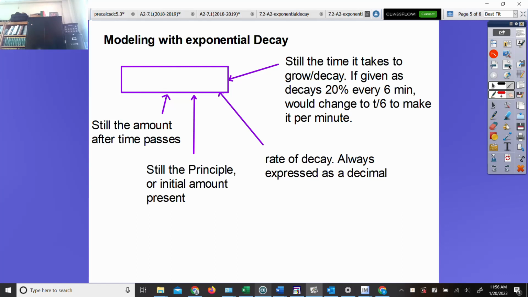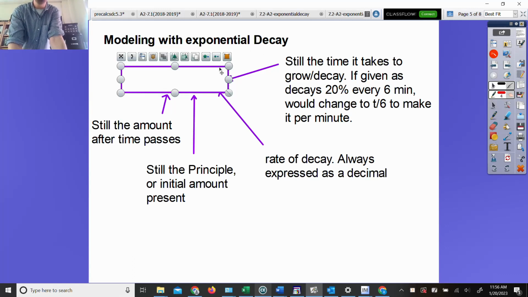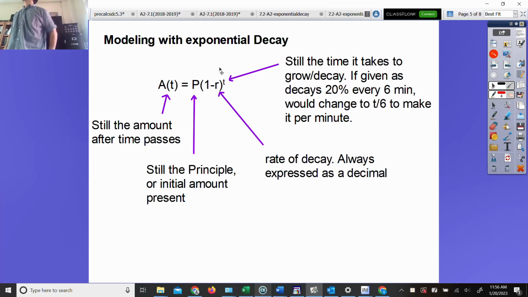This is modeling with exponential decay. The formula for growth was a sub t is the principal times 1 plus r to the t. Since it's decay, what do you think is different? Subtraction. The amount after time passes is the principal times 1 minus the rate of decay raised to the exponent of t.